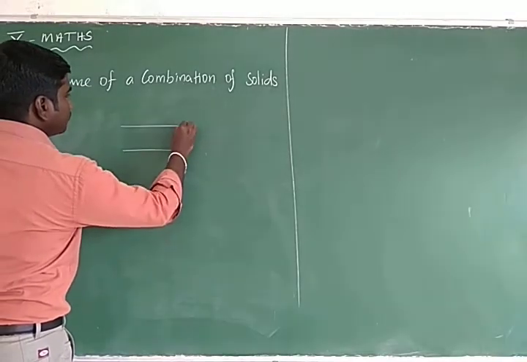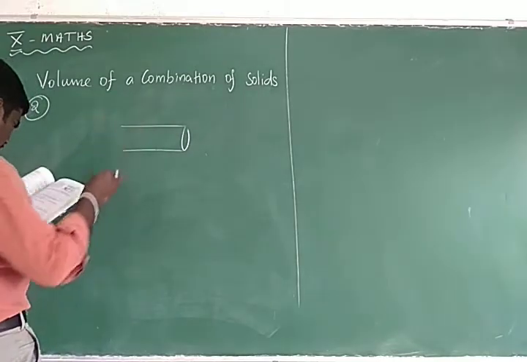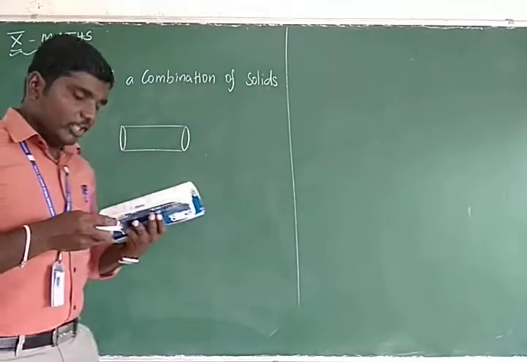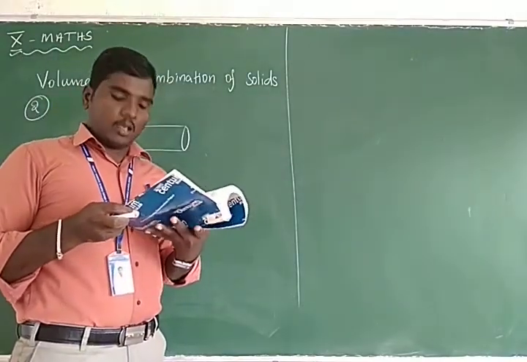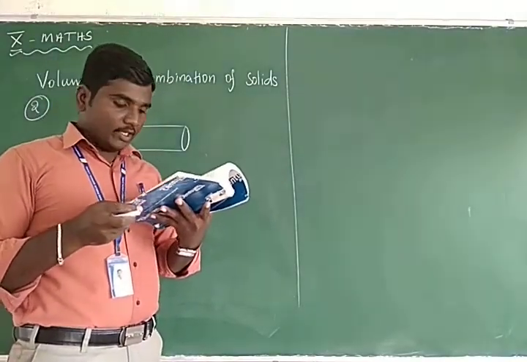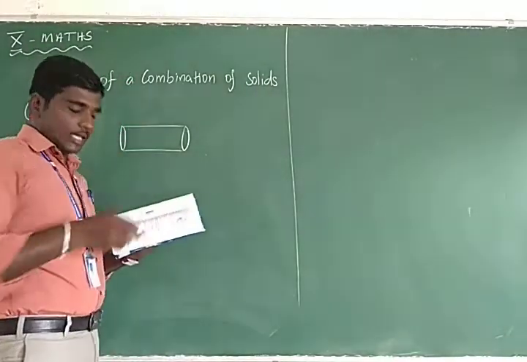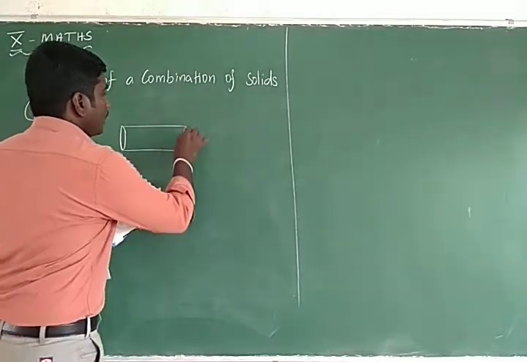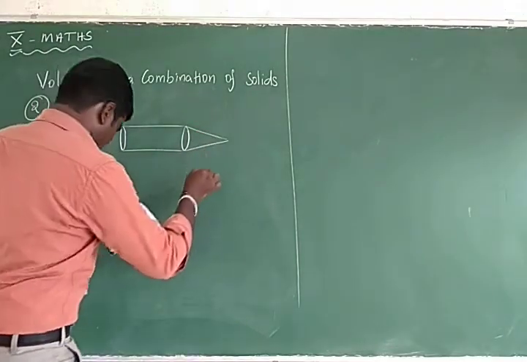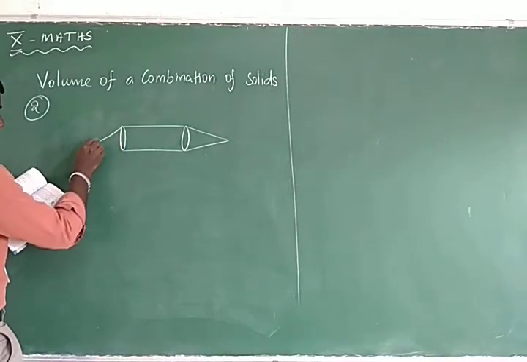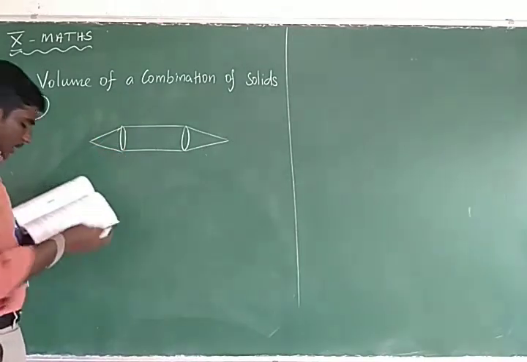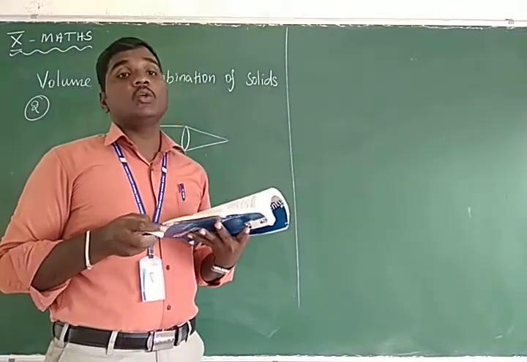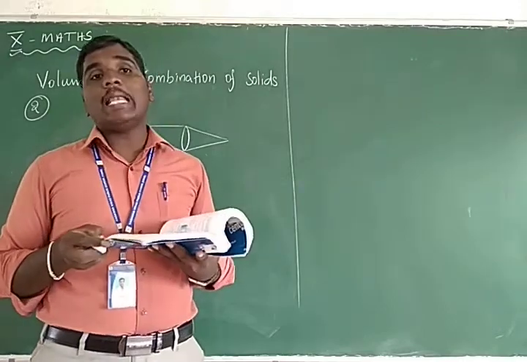One model, the height or length is given. It is a cylinder. An engineering student was asked to make a model shaped like a cylinder with two cones attached at the two ends, using a thin aluminum sheet.